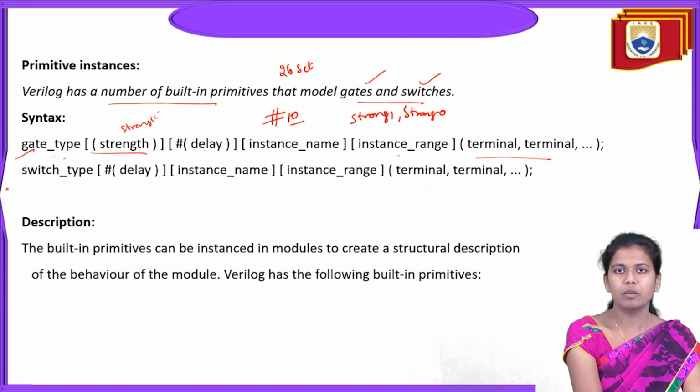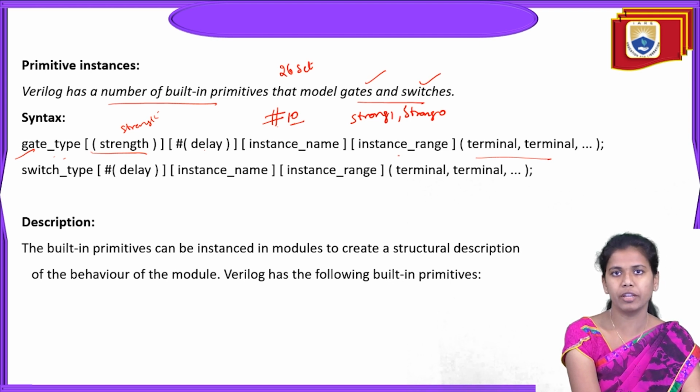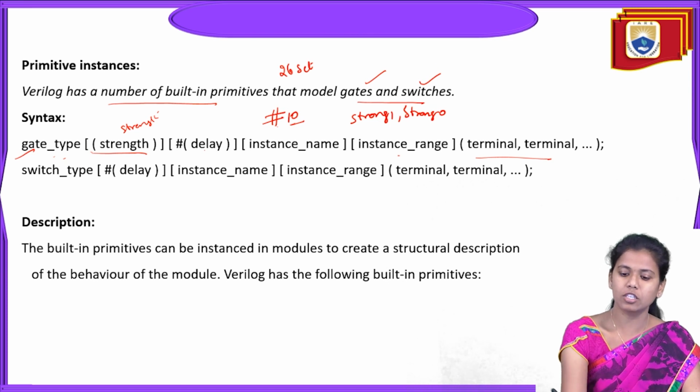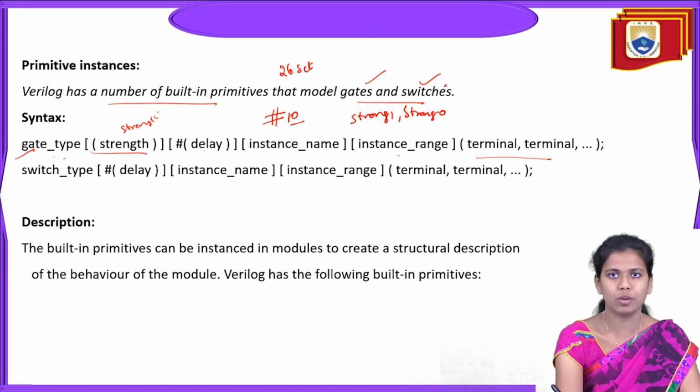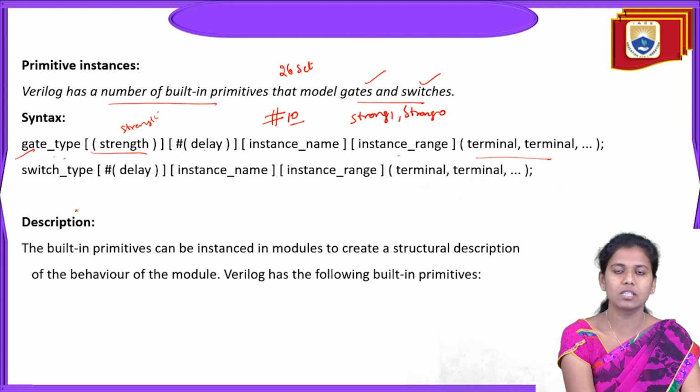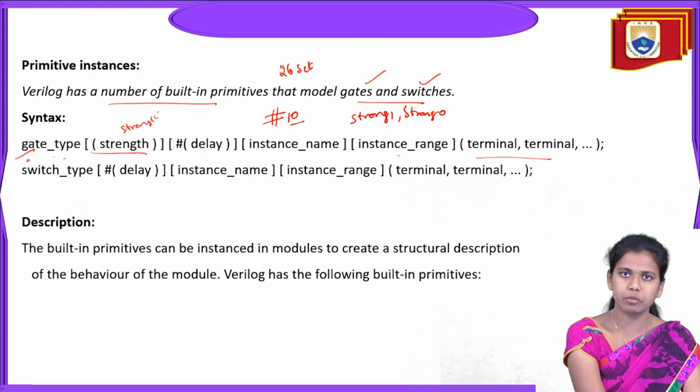As I said, there are 26 primitives present in the Verilog library. They are gate primitives as well as switch primitives. So the instantiation with respect to the gate primitives goes like this, and we will see the instantiation with respect to the switch primitives. So switch type, followed with the delay.